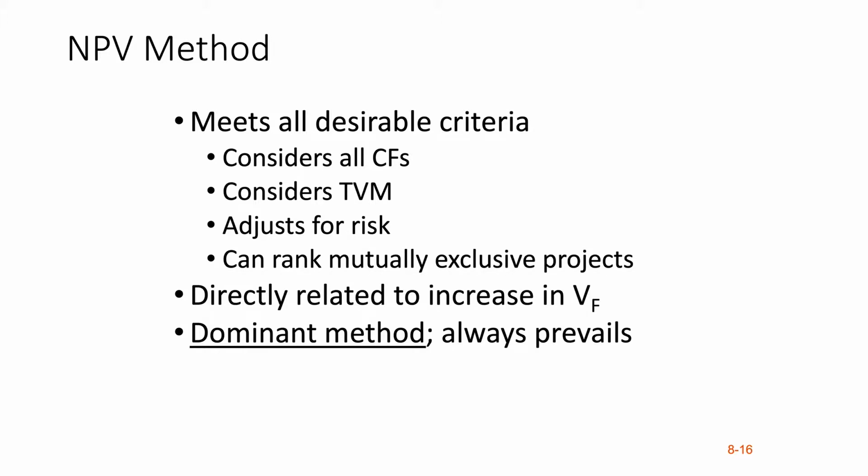Usually, for a high-risk project, the required rate of return is higher. So you can calculate different projects with net present value, then rank them. You choose the highest net present value, right? That is directly related to increasing the value of the firm today. So this is the dominant method.